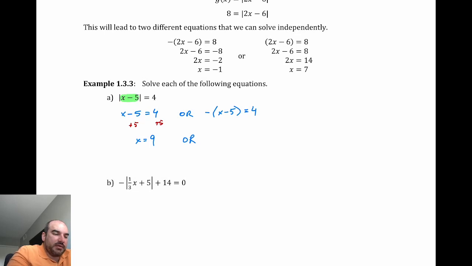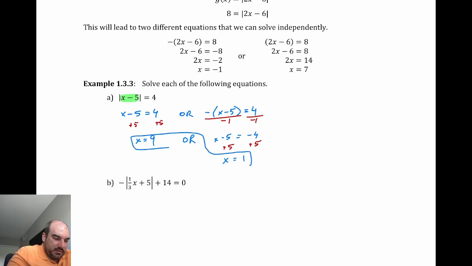Or we can just divide both sides by -1 to get rid of it. X minus 5 will equal -4 in this case. And then once we add 5 to both sides, we'll have x equals +1. So we have this answer here.